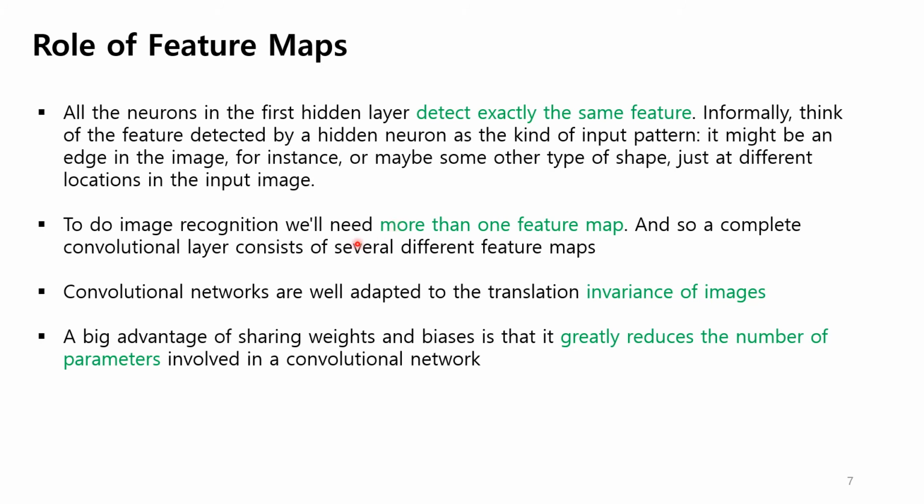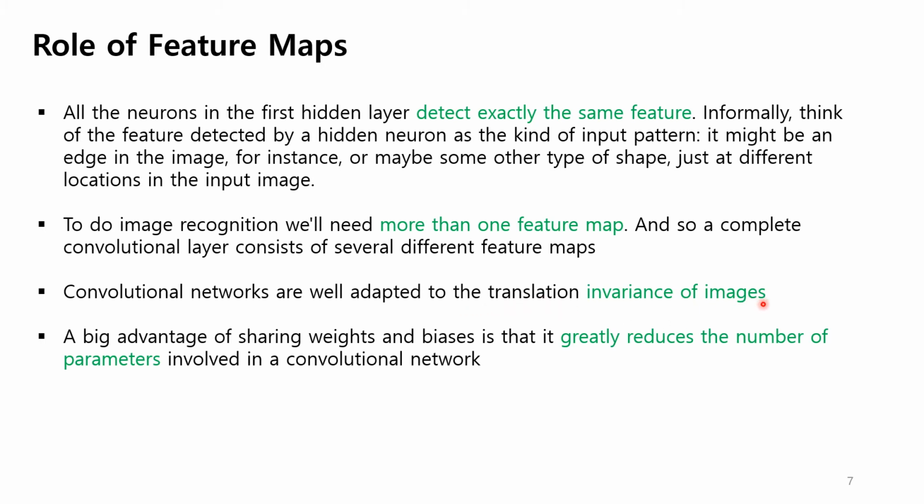So in general, we try to find many patterns in the image. That's why we need more than one feature map. We need multiple feature maps, and each feature map is trying to find different patterns. Because of this weight sharing and sparse connectivity, the CNN is well adapted to the translation invariance of images.